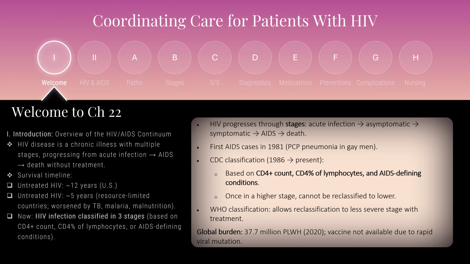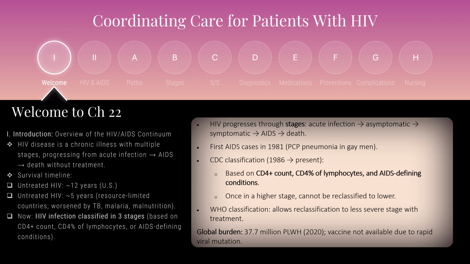Global statistics. In 2020, the World Health Organization established that 37.7 million were living with HIV. There is no vaccine yet due to constant viral mutation. Prevention is critical: condom use, reducing IV drug risk.